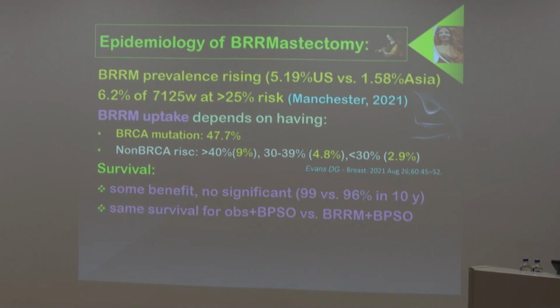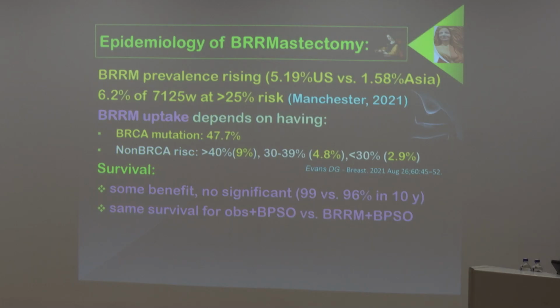If it's a BRCA mutation, almost half of the patients will choose this mammectomy. What happens with the same risk for a non-BRCA mutation? Look, it's 9%, and it's more than a 5-fold difference. And this is Angelina Jolie. And this may reach about 3% of patients with less than 30% risk of breast cancer.